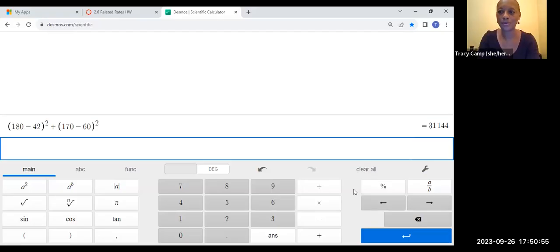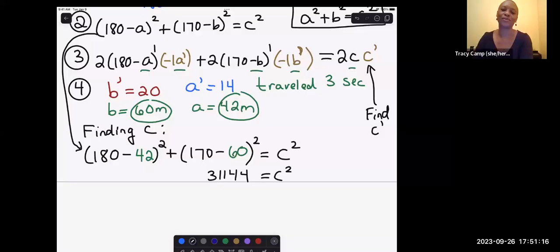And I get 31,144. I'll write that down. So that's my C squared, 31,144. Did I write that down correctly? I'm gonna check to see if I wrote that down correctly. Okay, I wrote it down correctly. So my C squared is 31,144.